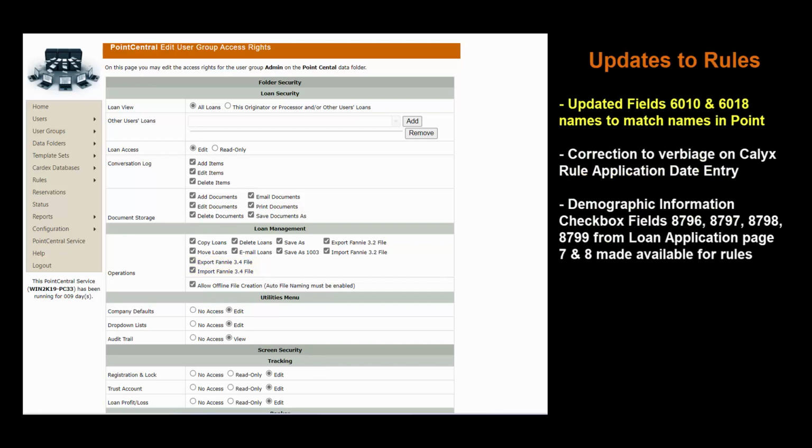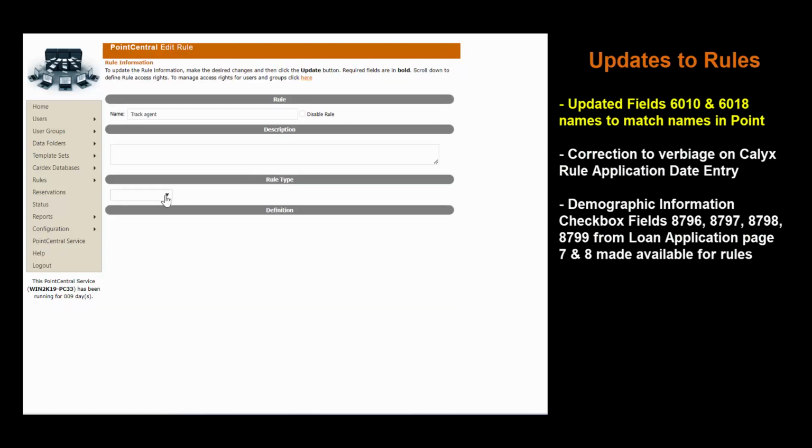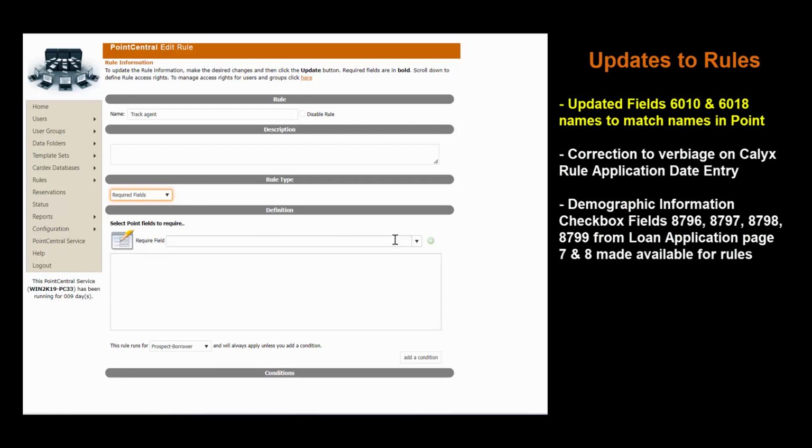Our next updates are two rules. So I'm going to go to Rules on the left and Add Rule. And here we're going to type in the track agent to show you these new track agent fields. I'm going to click Add Rule here and select a type just so we can get to these fields below.